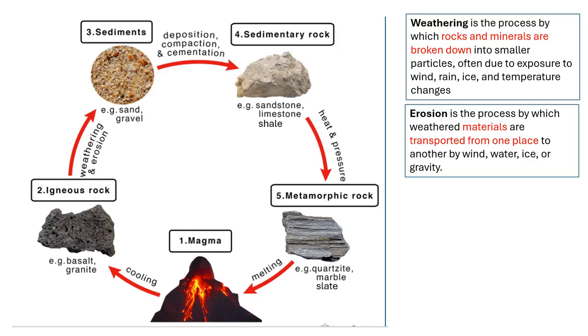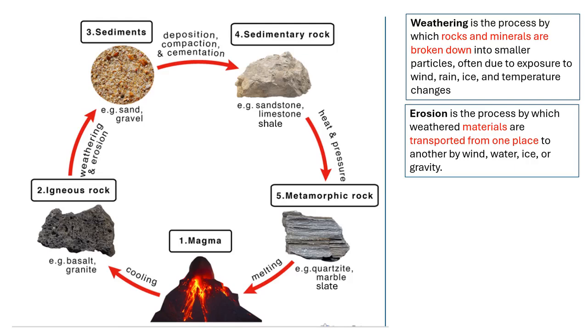Erosion, on the other hand, is the process by which weathered materials, so weathering has already occurred, are transported from one place to another by means of wind, water, or ice. Then these sediments can come together to form sedimentary rocks.